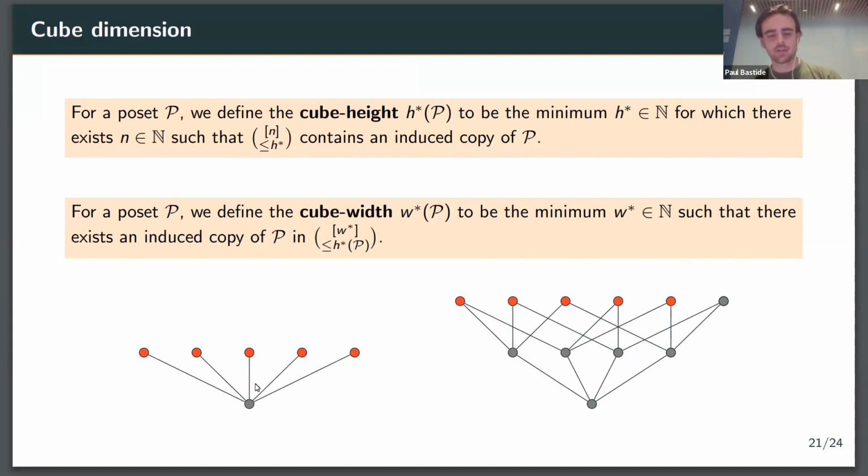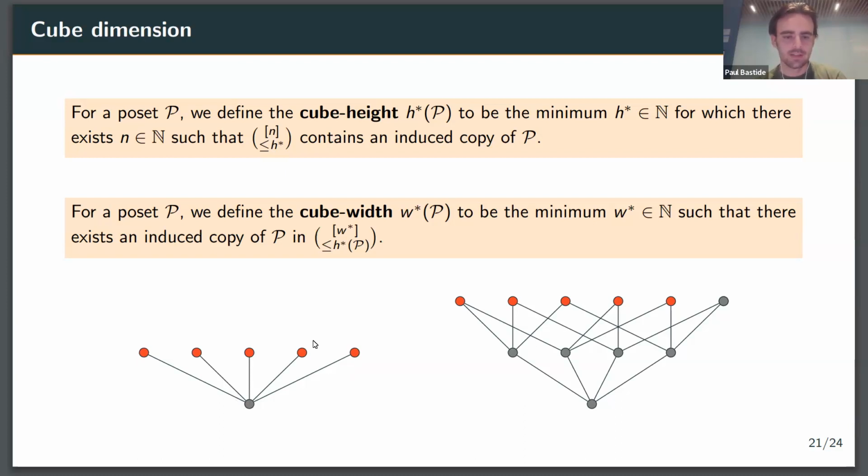So if I look at the antichain of size 5, well, it can be embedded like this. You can see this as just the bottom part of some Boolean lattice. And this is also the minimum height at which it can be embedded, because of course it contains more than one element, so it cannot be embedded in the Boolean lattice of dimension 0.